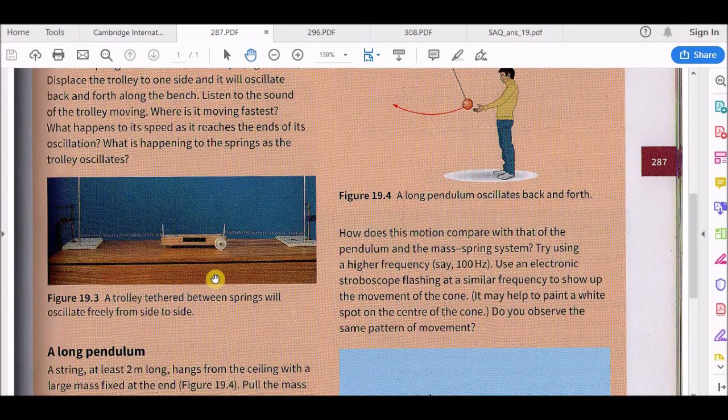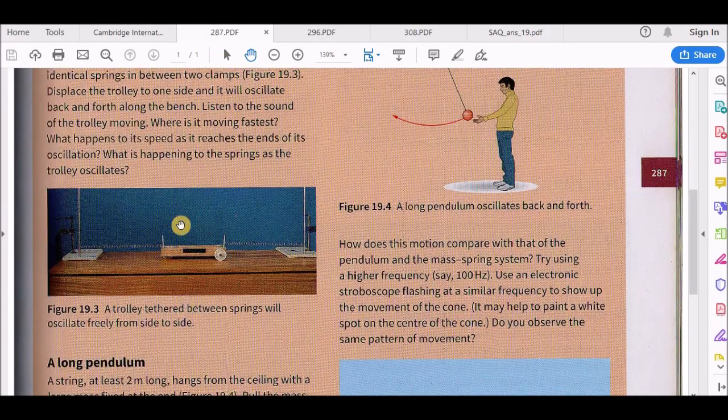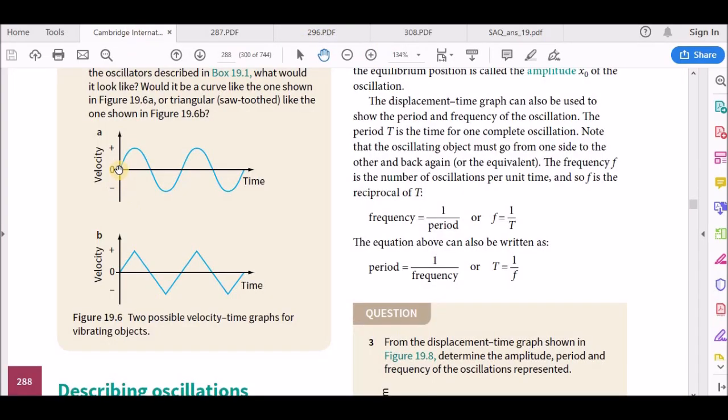So when the force is changing, since the mass is constant, the acceleration also changes gradually and becomes 0. Over here, the acceleration is 0 at the equilibrium position. The resultant force is 0, so the acceleration is 0. Okay, so it is a gradual process.